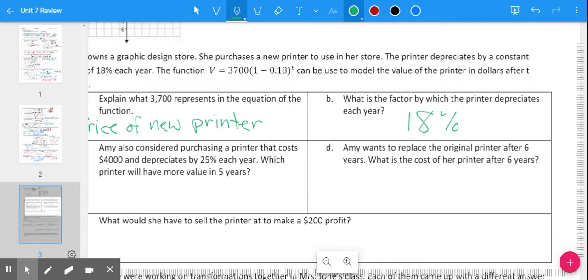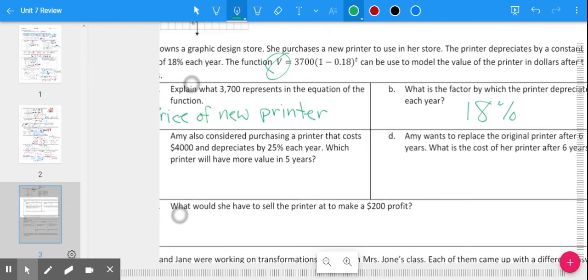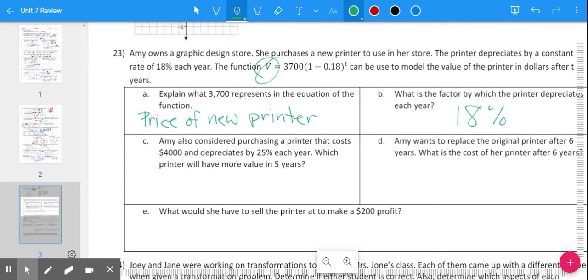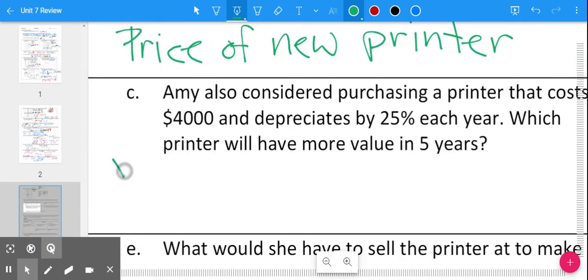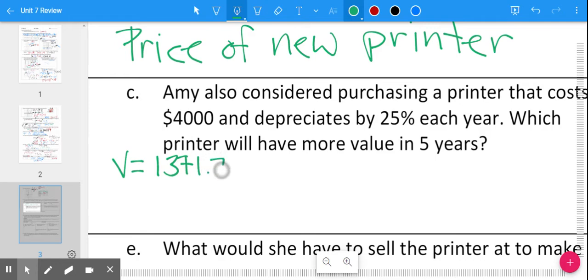Amy also considered purchasing a printer that costs $4,000 that depreciates by 25% each year. She wants to know which one will have more value in 5 years. So if we figure it out for the original printer, printer V, after 5 years, plugging in a 5 for t, printer V will be worth $1,371.74, roughly.